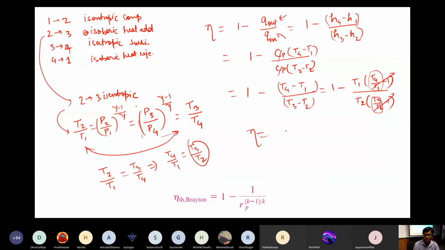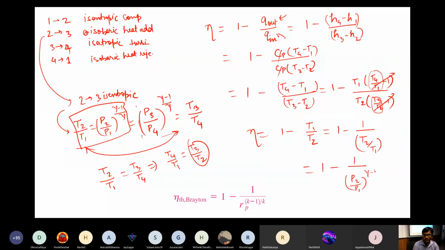Now eta comes to be 1 minus T1 by T2, which I can write as 1 upon T2 by T1. And in one more step, 1 upon P2 by P1 to the power gamma minus 1 by gamma.